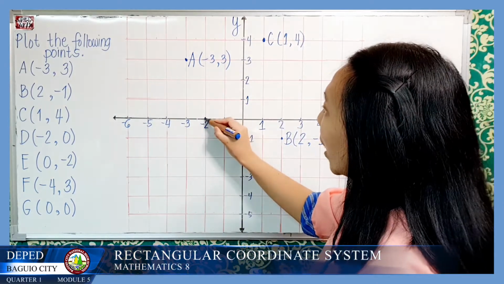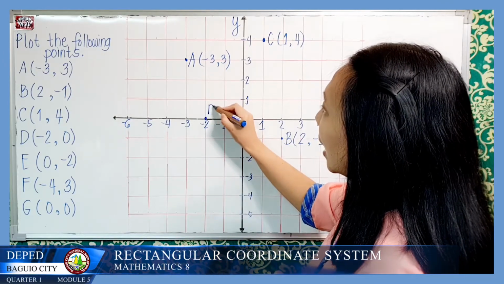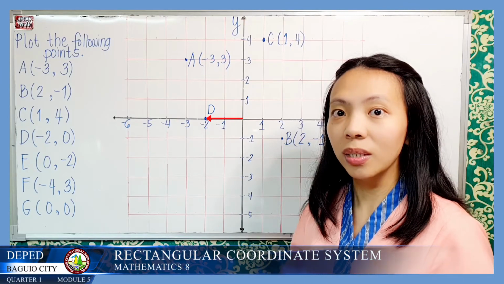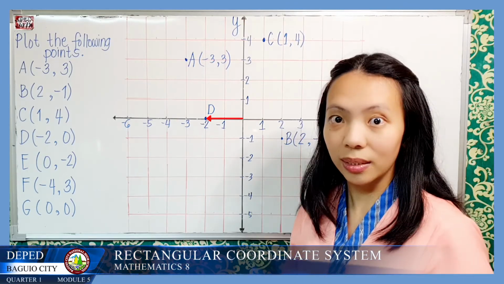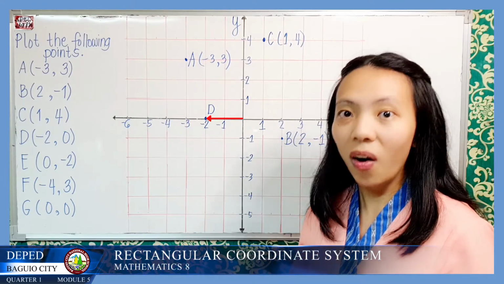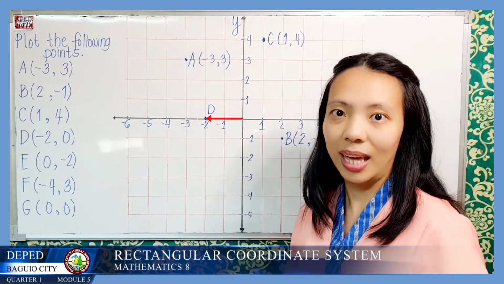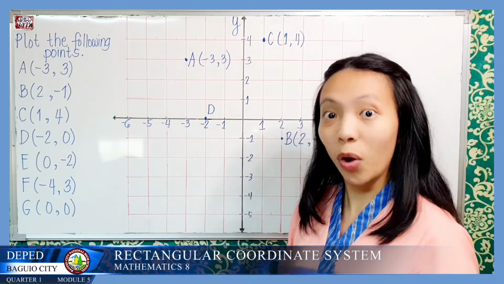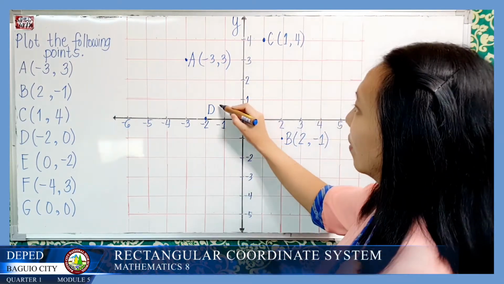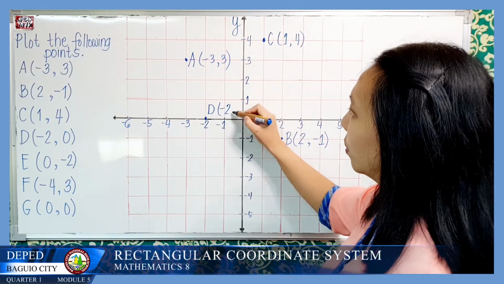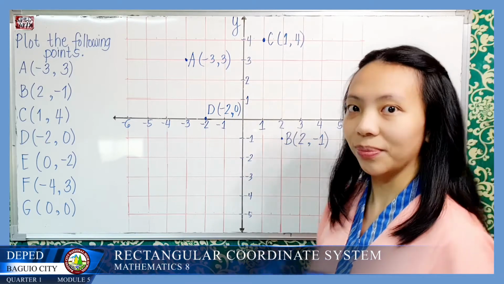Therefore, point D is not a point which is found in the quadrants. It is a point which is located along the x-axis. The negative x-axis, more specifically. Again, the coordinates of point D are -2, 0.